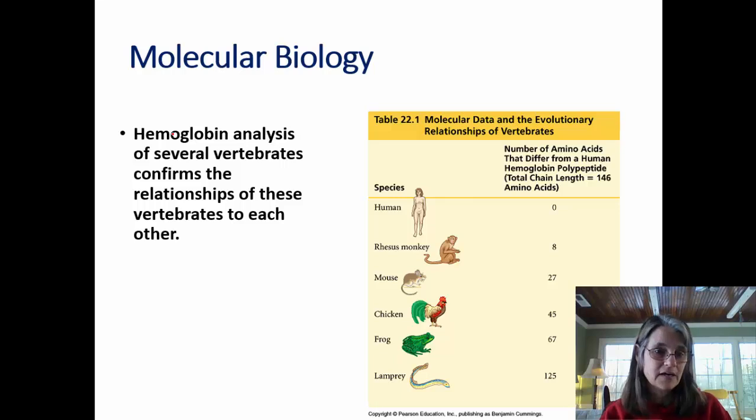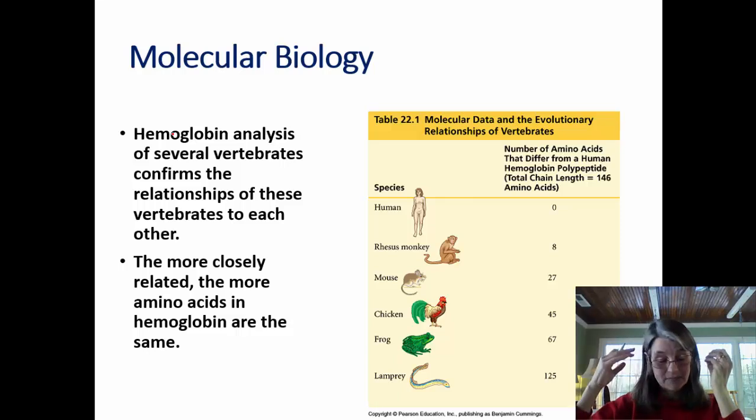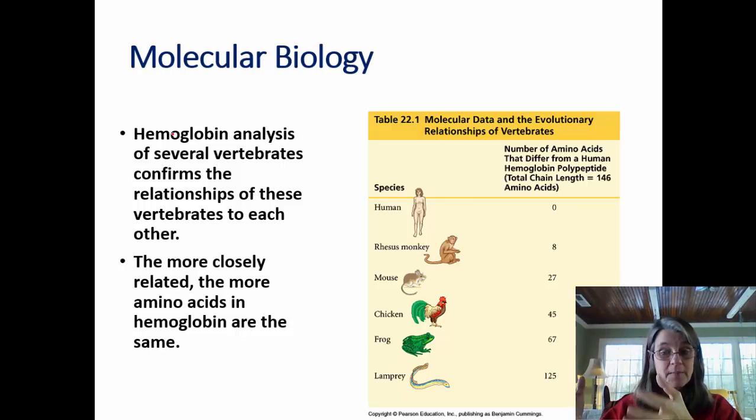Hemoglobin, the protein that carries oxygen in your blood, has been analyzed to death. And among different vertebrates, by analyzing the amino acids in a hemoglobin molecule, what we find is the more closely related the organisms are to each other, the more closely the amino acids in the hemoglobin align.